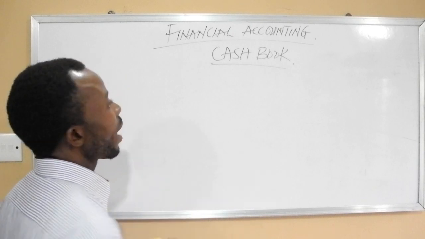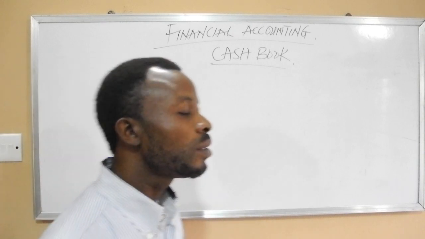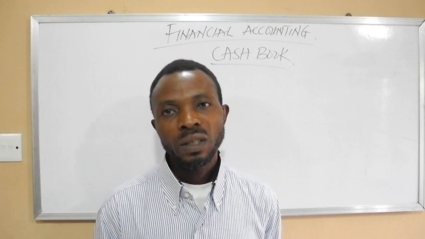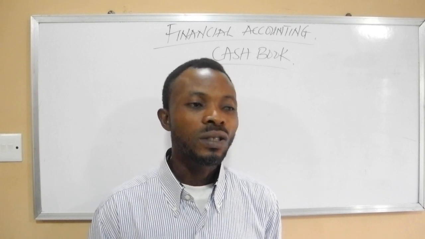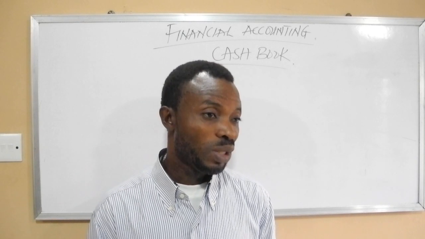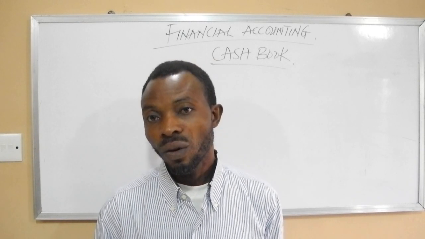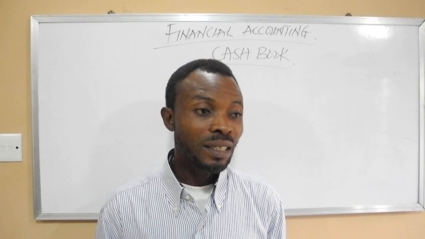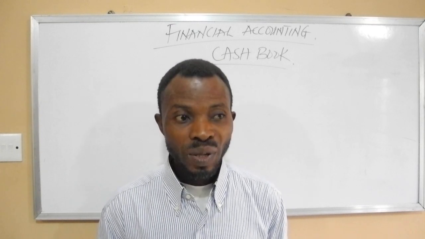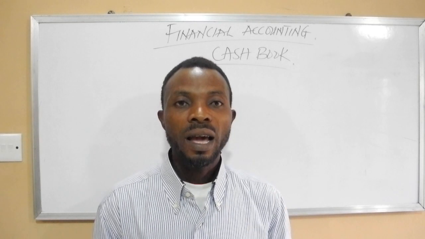Now, let me quickly note before we continue that for the cash book, we must follow the rules of the double entry principle. The double entry principle tells us that for every credit transaction, there is an equal and corresponding debit record.